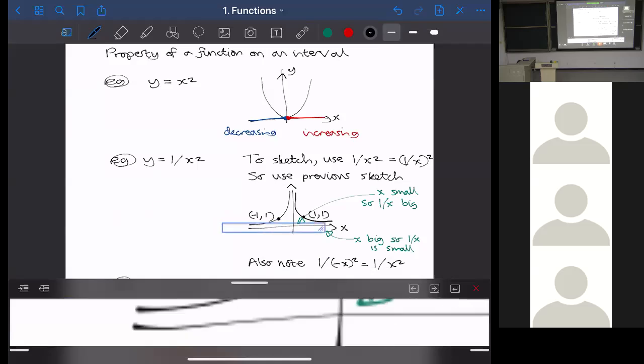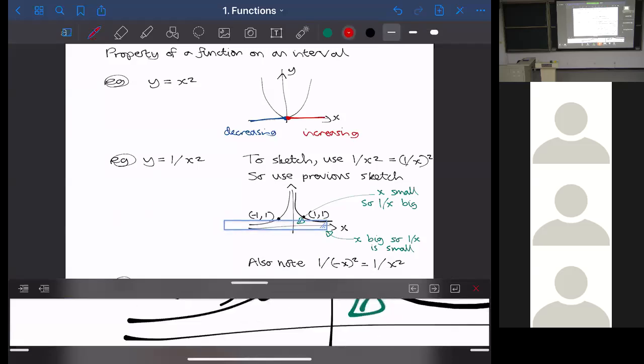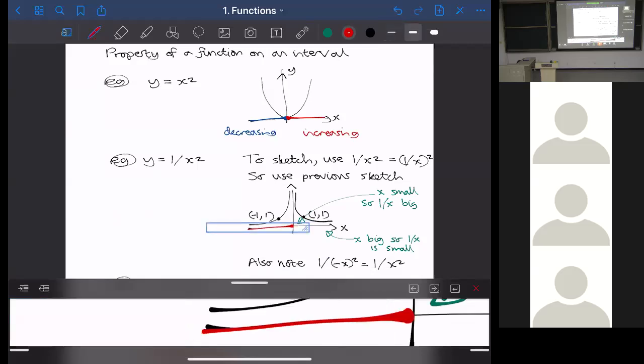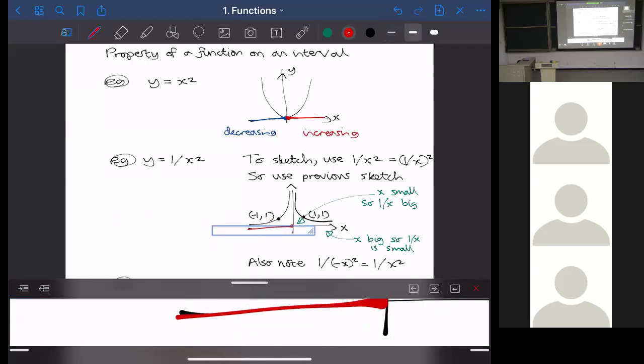Okay, and now where is this increasing and decreasing? So for negative real numbers, it's increasing.